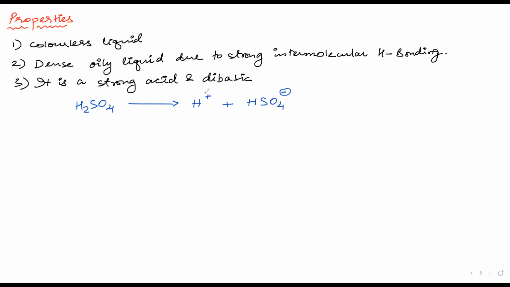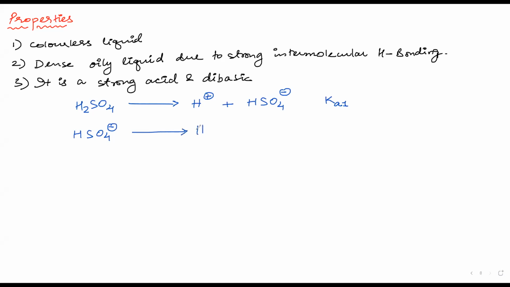Okay, HSO4 negative. Now, this is known as Ka1, the first dissociation constant of acid. Now, again, we can remove one more hydrogen from HSO4 negative.